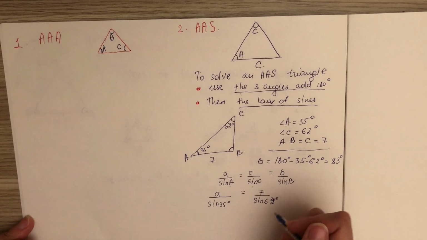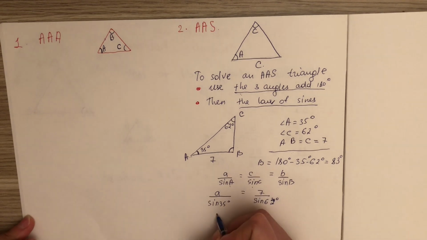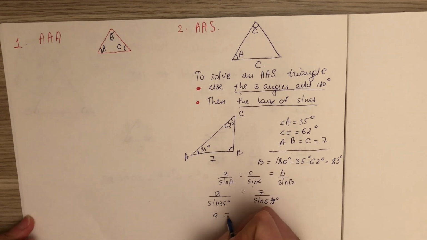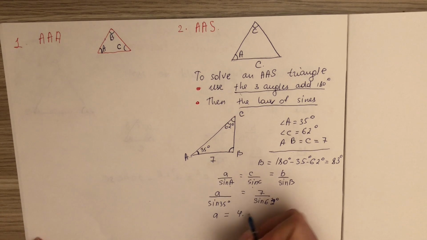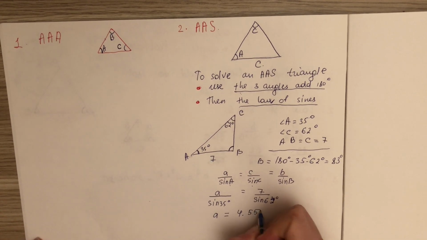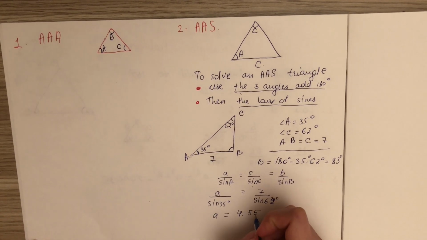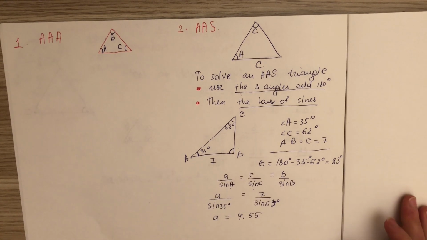And here we get A is equal to 4.55, two decimal places.